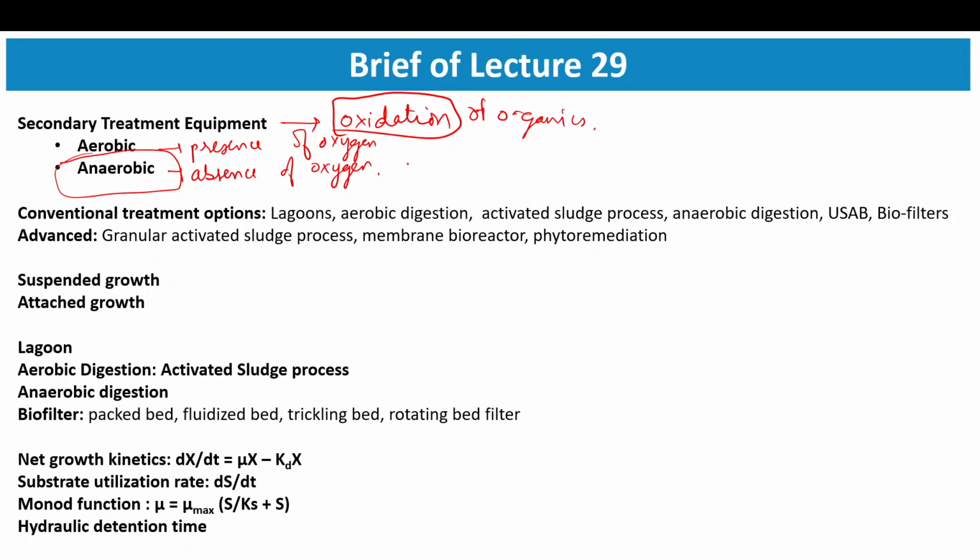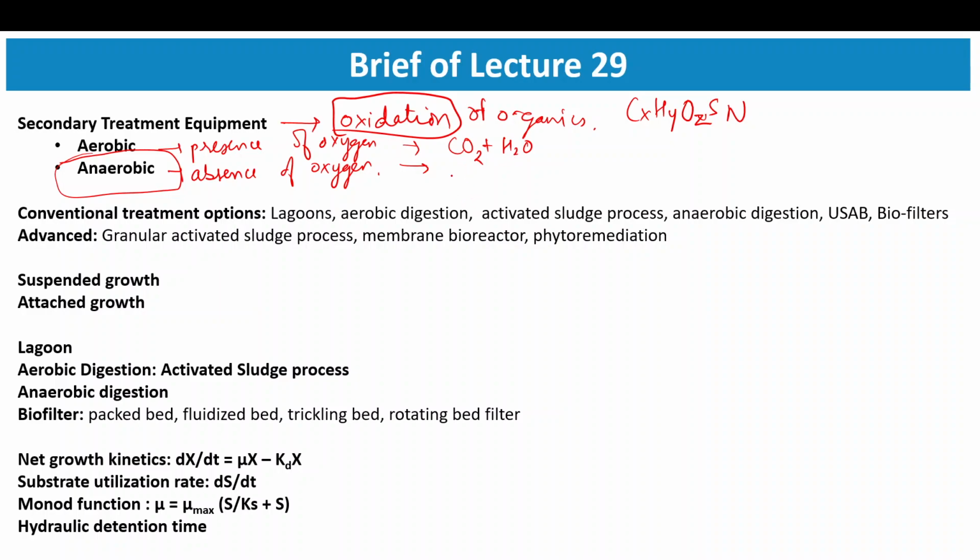So there are various factors based on which you decide whether to go for the aerobic or anaerobic process. In the aerobic process, you generate CO2 and H2O, because organics can have further sulfur, for example, or nitrogen. All this will be oxidized to end products, so CO2 and H2O will be the major products here.